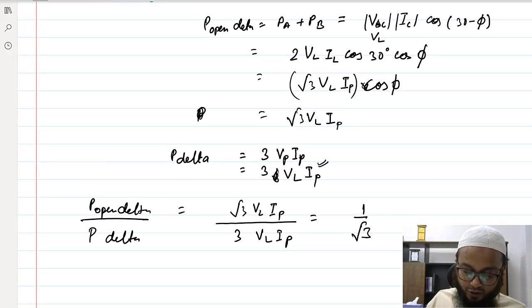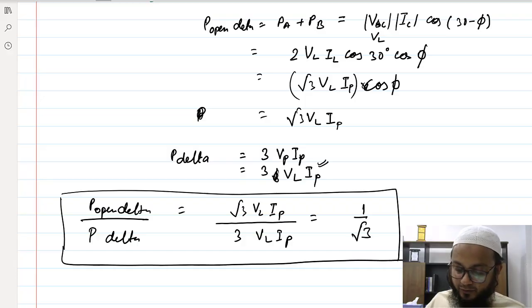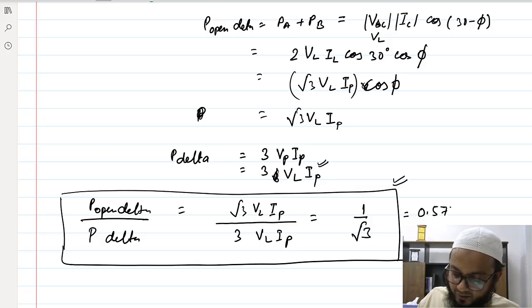So in the open delta, the power has reduced by 1 upon root 3 times. And if you see this ratio, this will come out to be 0.577.